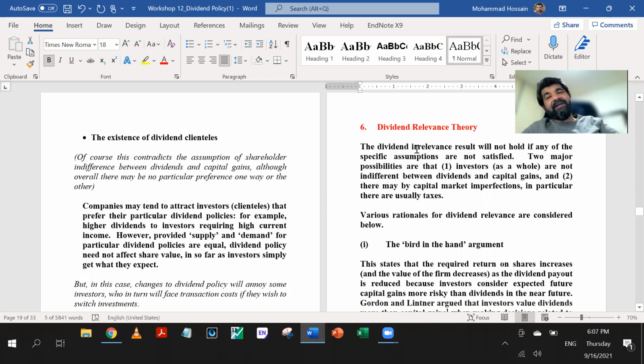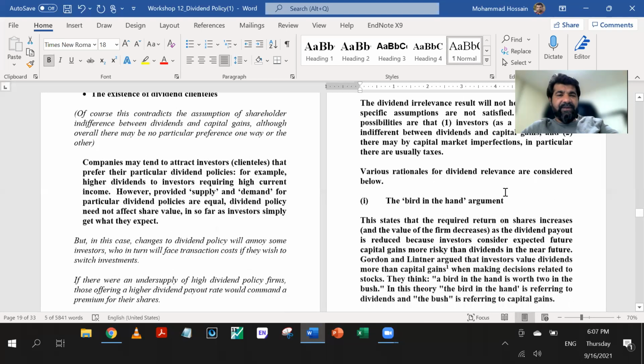The dividend relevance result will not hold if any of these assumptions are not satisfied. First of all, the two major possibilities are: number one, investors are not indifferent between dividends and capital gains. Number two, there may be capital market imperfections. Of course, capital market is imperfect.